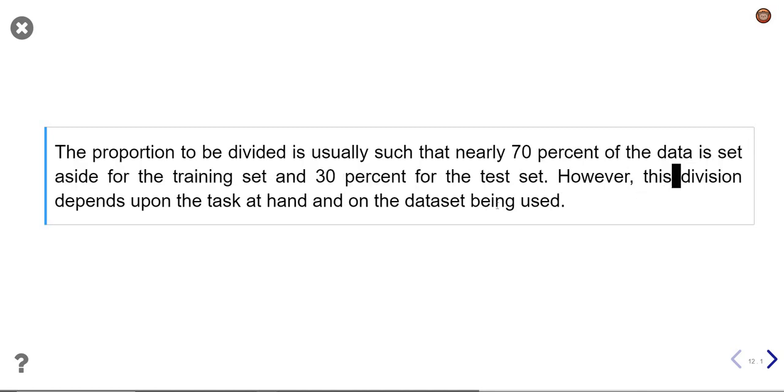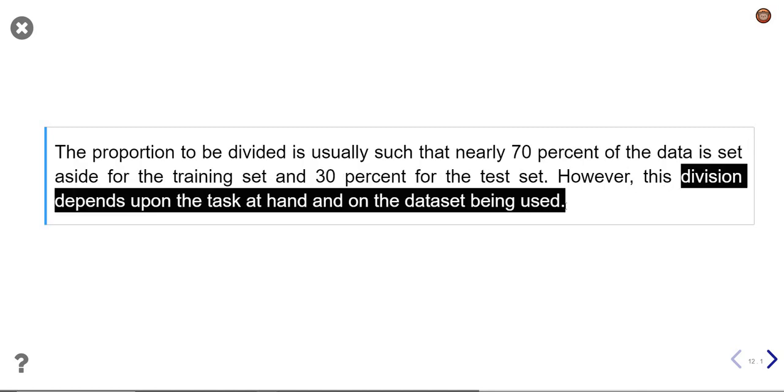However, this division depends on the type of task you have at hand and also the data set. Again, remember I mentioned that this whole process is a reiteration. Maybe now you choose 70-30, then you train the model, then you validate, you get accuracy. Then you go back. What if I train with 80%? Then 20.